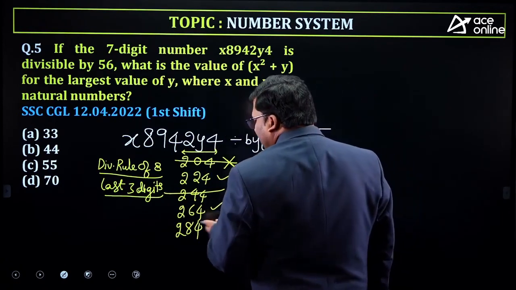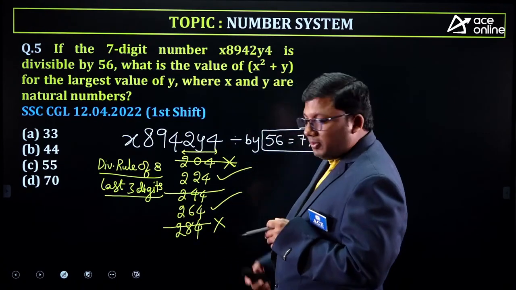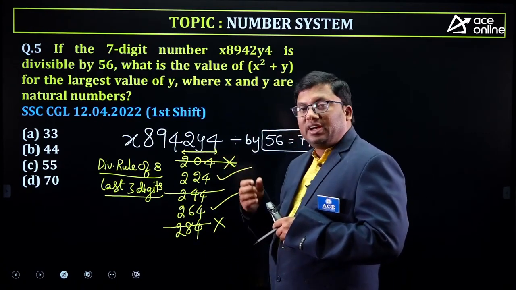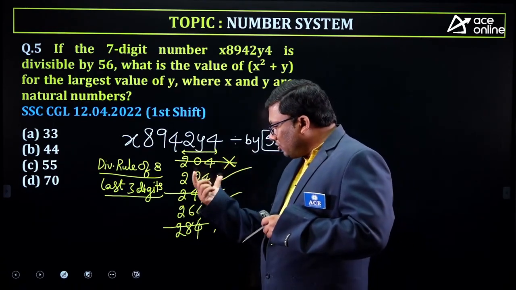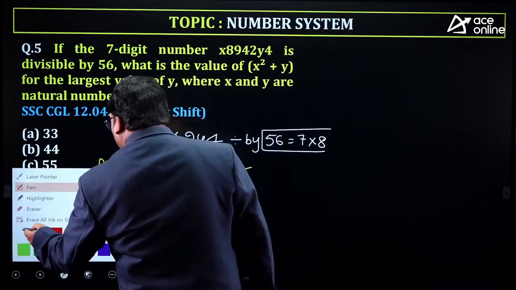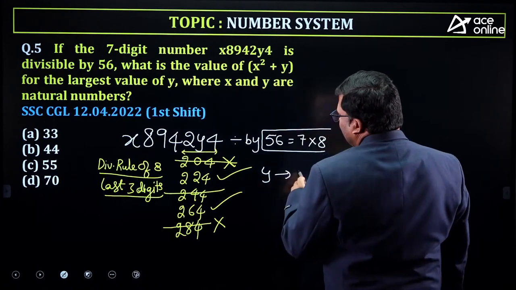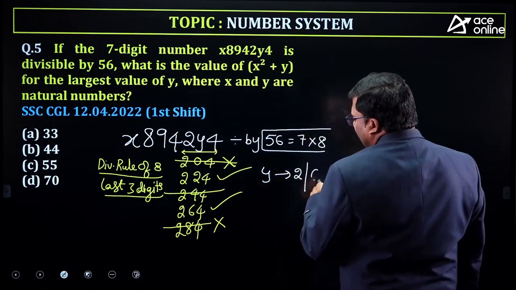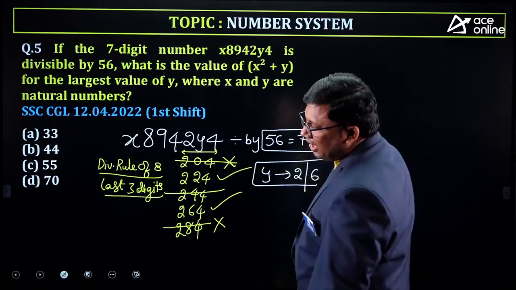This is a possibility. 284, no. That means I got two possibilities such that this number is divisible by 8: one is 224, another is 264. That means Y can be either 2 or 6.